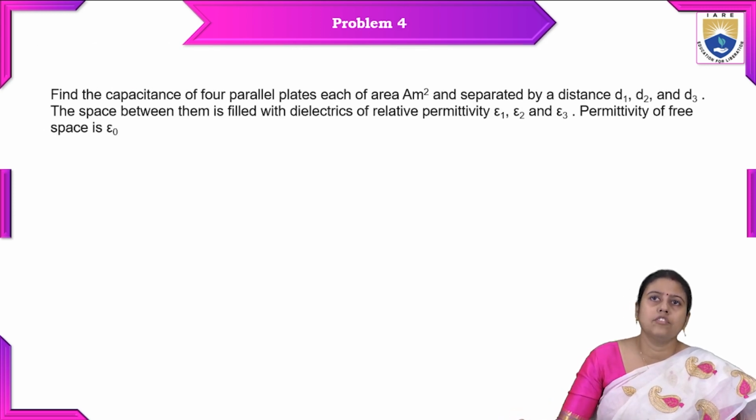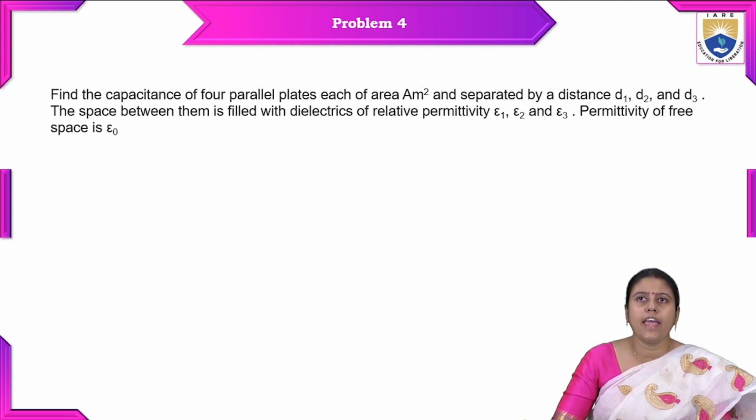Find the capacitance of a 4-plate capacitor of cross-sectional area A meter square separated by distances D1, D2, D3, with the spaces between them filled with dielectrics of permittivity sigma 1, sigma 2, sigma 3. So how to calculate this?